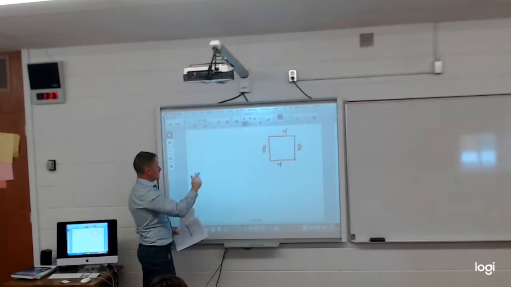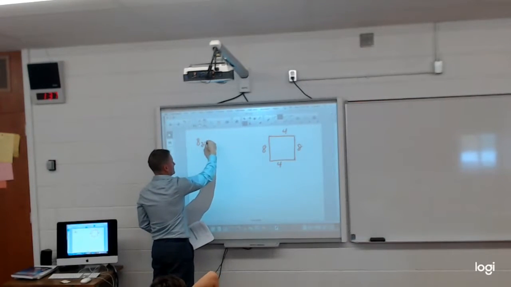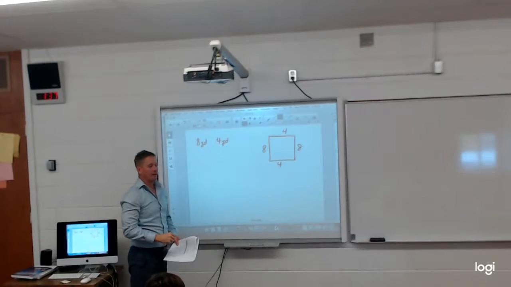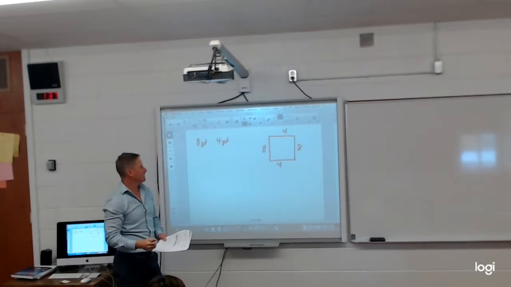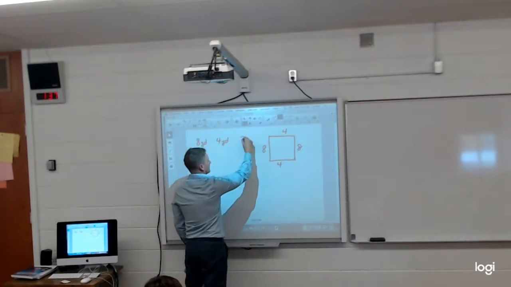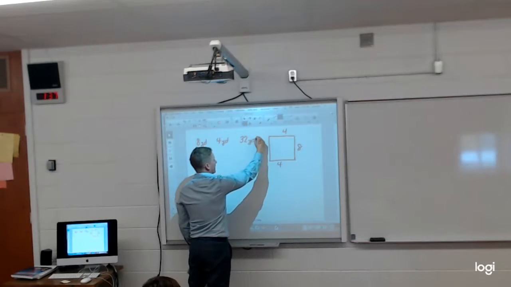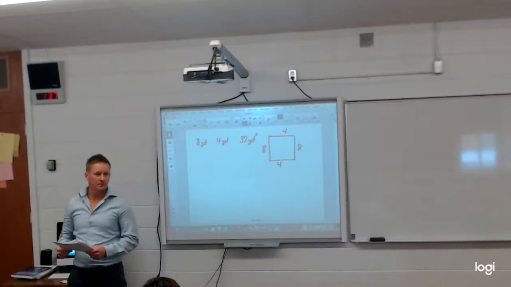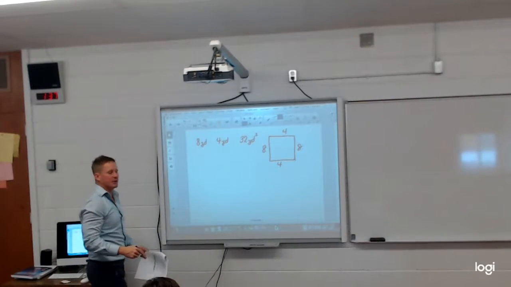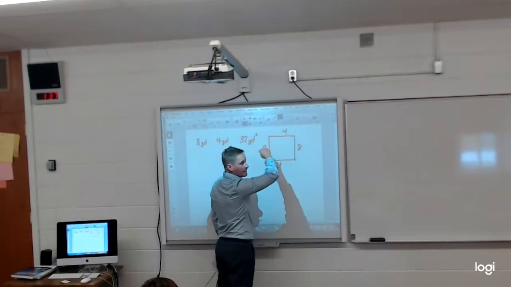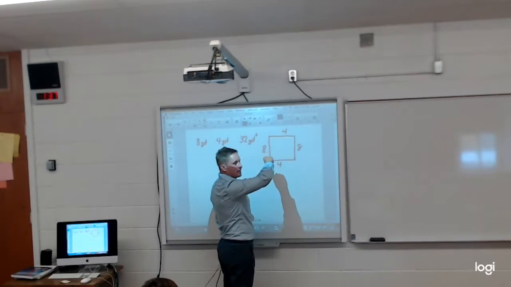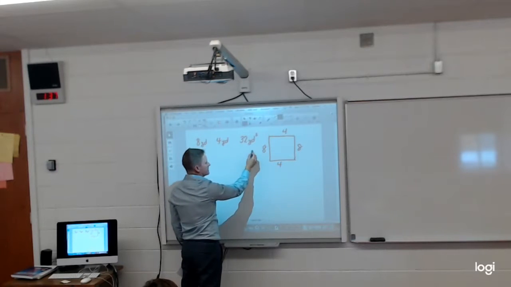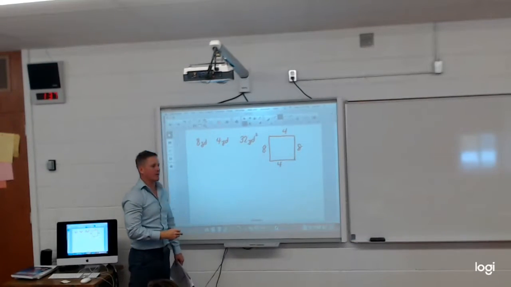So the width, 8 yards by 4 yards, correct? And then it says, okay, well, what's the area? The area for this would be 32 yards squared, right? Correct? So what it wants you to do is pick another set of side lengths and do the same thing and see which one gives you the maximum area when it's all said and done.